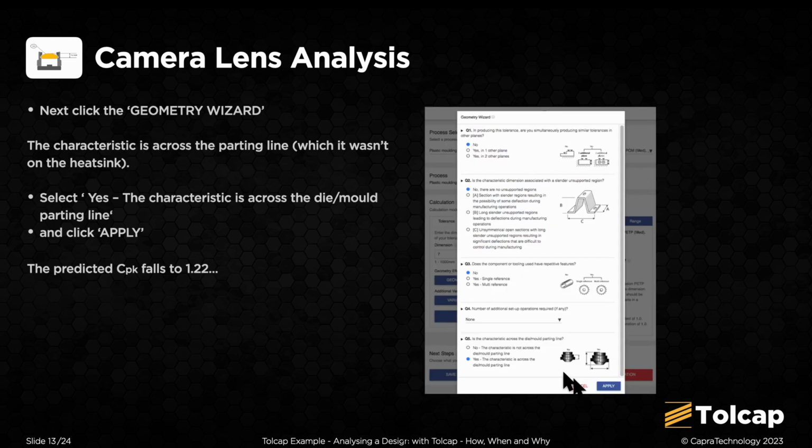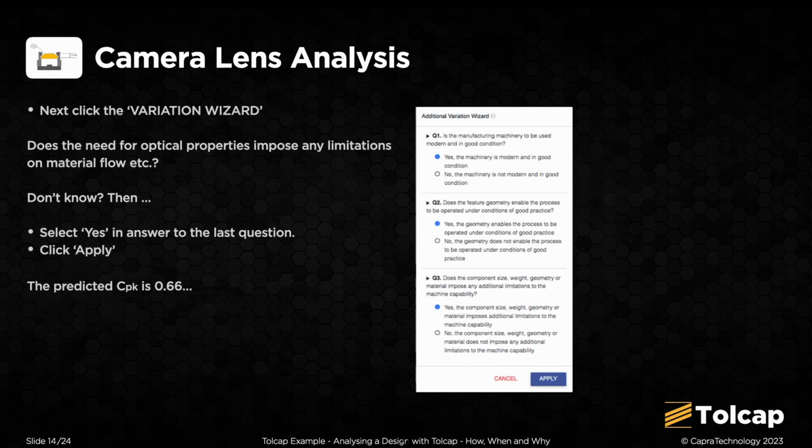The characteristic is across the parting line, which it wasn't on the heatsink, so select Yes and click Apply, and the predicted CPK falls to 1.22. Next, click the Variation wizard.